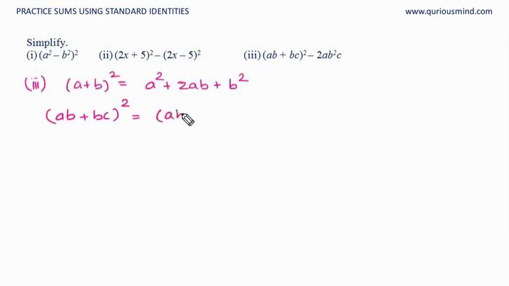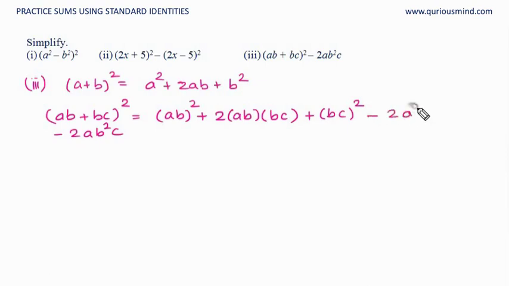So a into b square, plus 2 times ab, this term, plus b square, so last term. And we have this minus 2ab square c here. So that is minus 2ab square c.